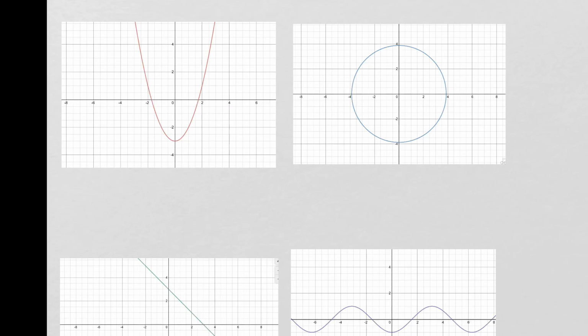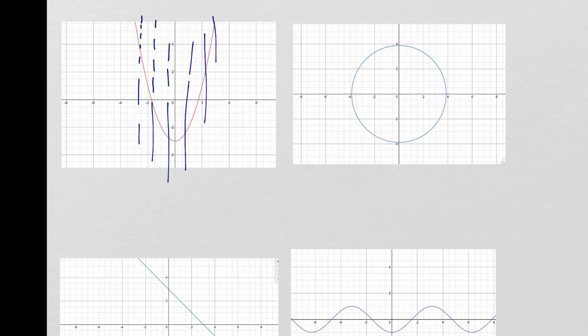Okay. So again, remember the rule is for it to be a function, it has to pass the vertical line test. What does that mean? It means if you draw a vertical line, it only is going to intersect the function in one place, right? Or the graph in one place if it is a function.